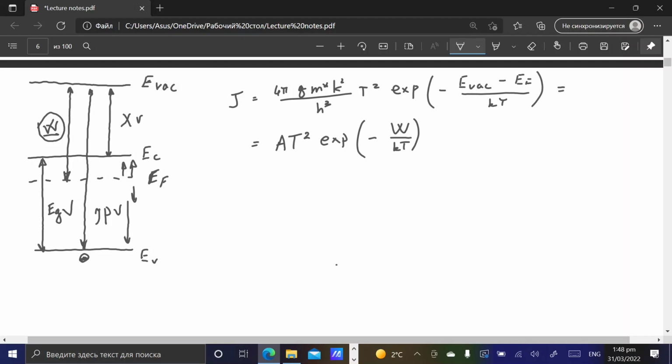So the amount of electrons which leave the surface of a semiconductor or metal or some solid per unit time per unit area is this current density.